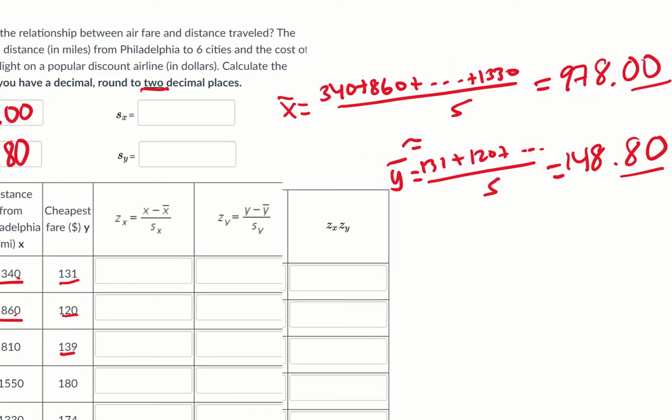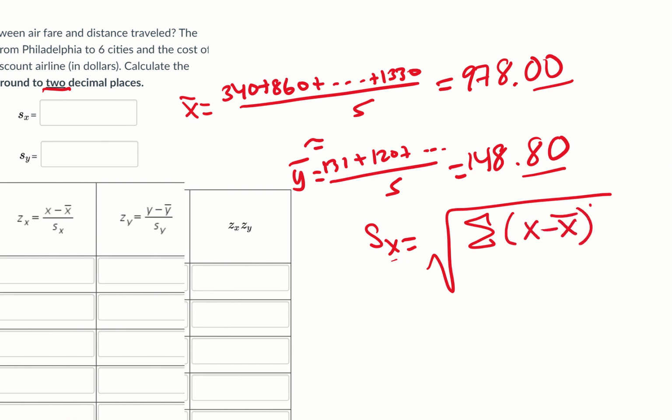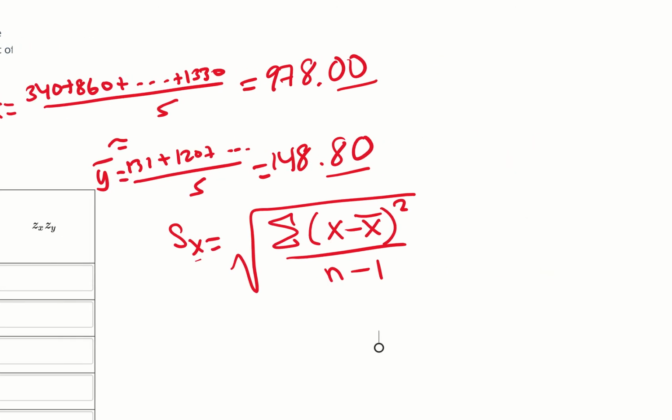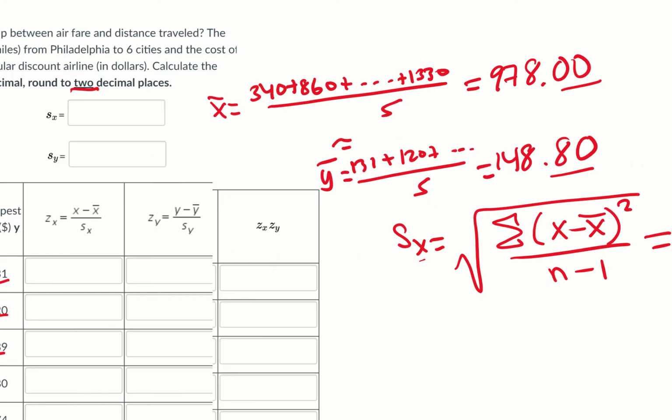All right, so then to calculate the standard deviation, remember the standard deviation is the square root, and then you have to add the distance from x to its average, squared, and then divide by however many you have, minus 1. So we subtract x from its average.